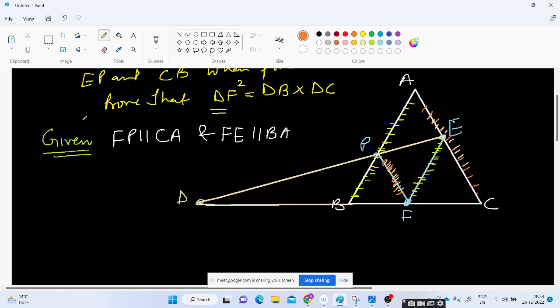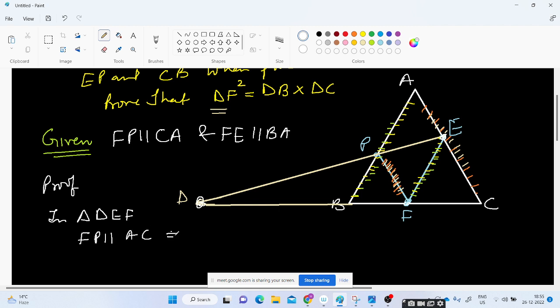So now which triangle are we going to consider? Proof. लिखो बेटा, in triangle DEF. Now see बेटा, DEF. FP is parallel to AC.